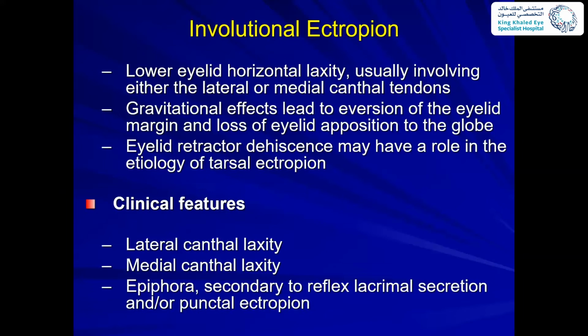It was observed that patients with involutional ectropion have a higher tarsal height compared to normal people without eyelid malposition. As we mentioned before, lower eyelid retractor dehiscence may play a role in lower eyelid ectropion, like what we mentioned in entropion. The clinical features are lateral canthal tendon laxity along with medial canthal tendon laxity, and also epiphora and secondary reflex tearing.